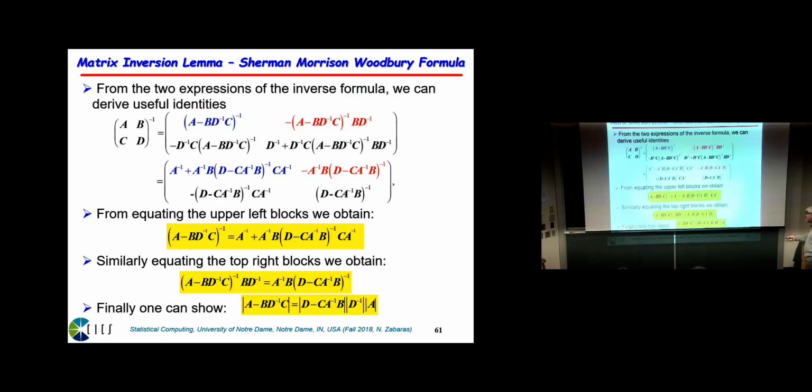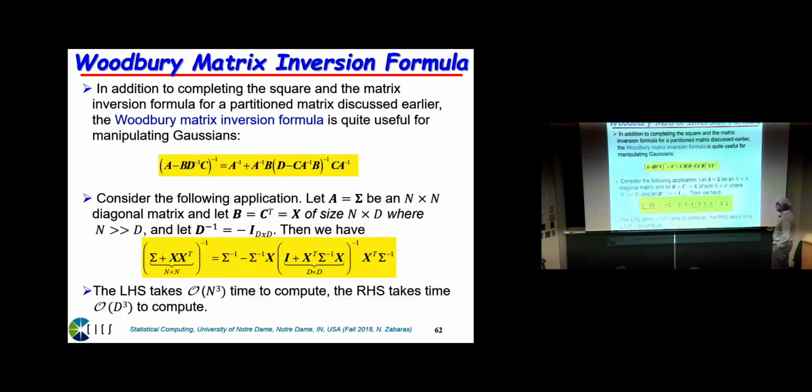It comes up everywhere, okay? So if your problem can fit in this form, you should always wonder: do I really have to invert this, or maybe the Woodbury lemma will allow me to do some trick and invert a lower dimensional matrix? I give you here one example.